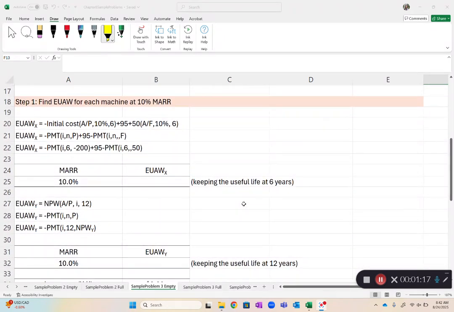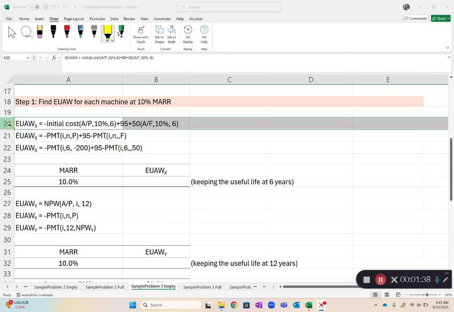Step 1 is going to be to find the equivalent uniform annual worth for each machine. And I could do this for every single percentage like I have done in the past. However, it tells me the MARR was 10%. And so I'm just going to use 10% to find values. So I know this looks ugly, but stay with me one step at a time.